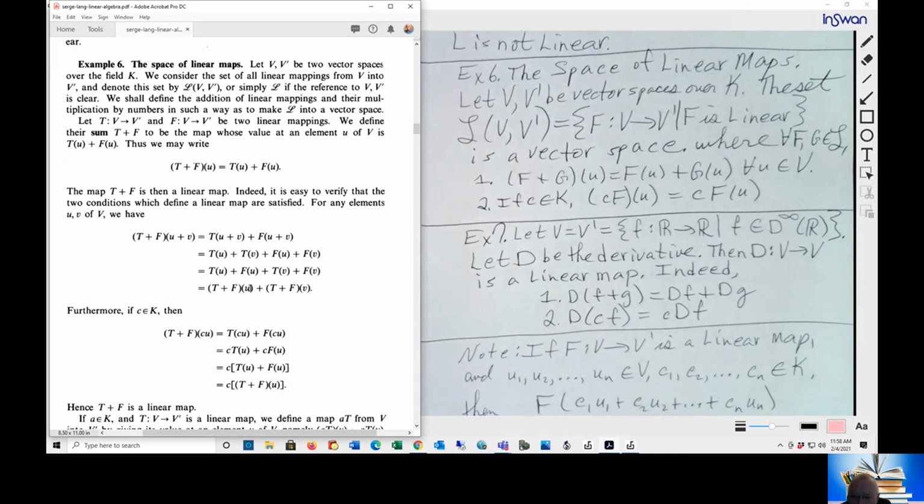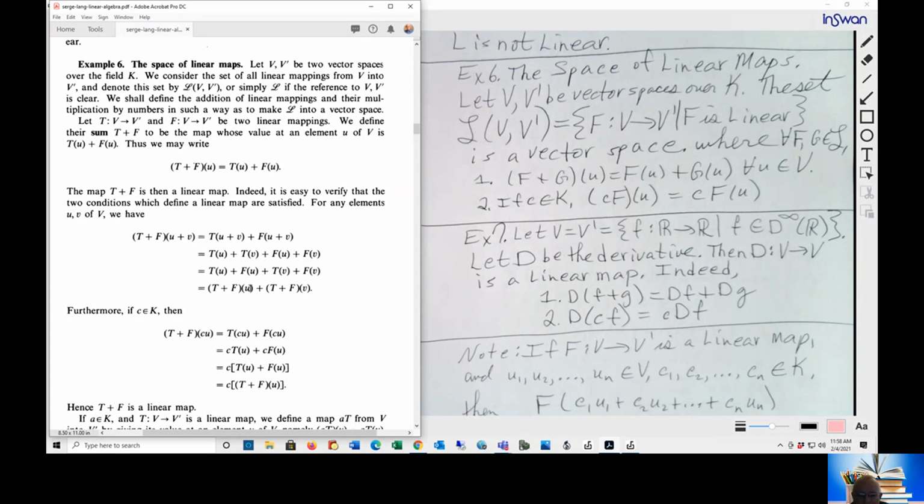Let V and V' be two vector spaces over field K. The set script L(V, V') is defined as the set of linear mappings F going from V into V', where F is a linear map.